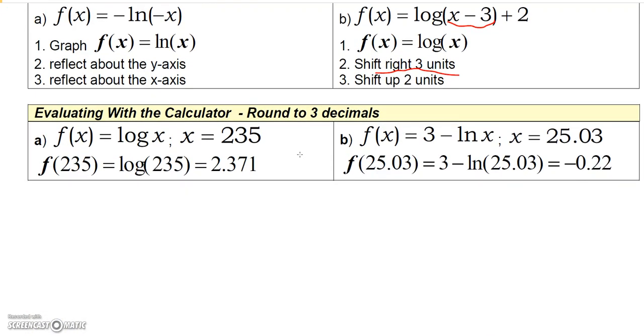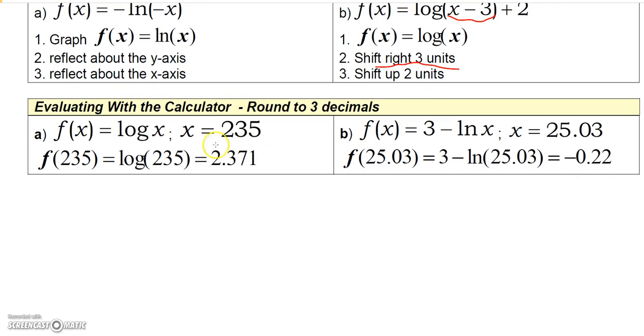Okay, now just like I did before when I had you evaluate exponential functions with a calculator, I want to make sure you can evaluate log functions with the calculator. Most calculators will let you evaluate the common log and the natural log. So make sure you can evaluate the common log of 235 on your calculator and get the answer I got here, which is 2.371.